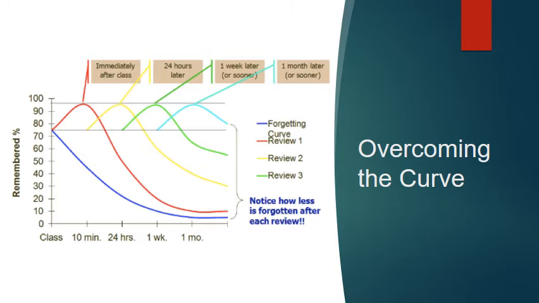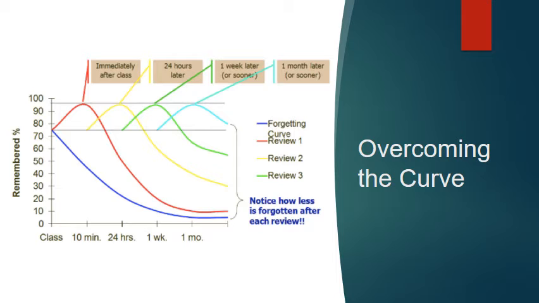Here's a graphic illustration, literally, of how spaced repetition improves retention and recall. So the blue line is the classic forgetting curve as identified by Ebbinghaus in the 1800s. For those of you who are psychology majors, you remember him.